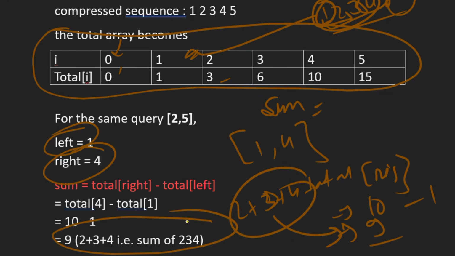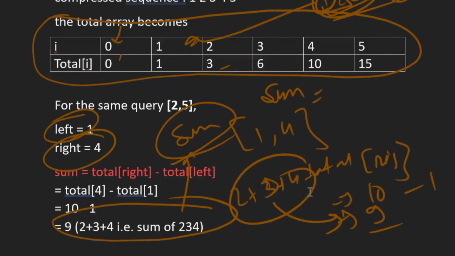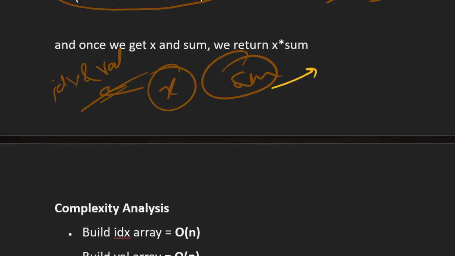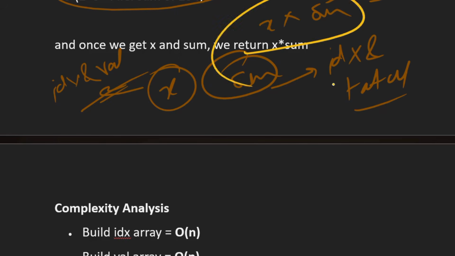So this way we'll also find the sum of our substring, right? So we have seen how we'll find x and how we'll find sum. To find x, we'll use the index array and val array, and to find the sum we'll use the index array and the total array. Once we get x and sum, we return x into sum, which is our final answer.